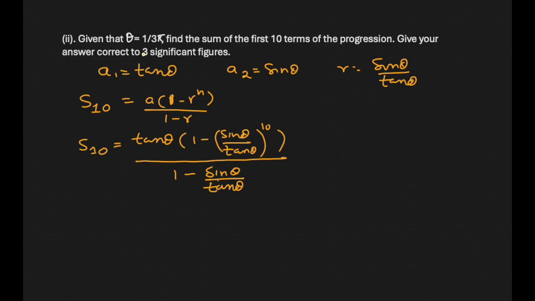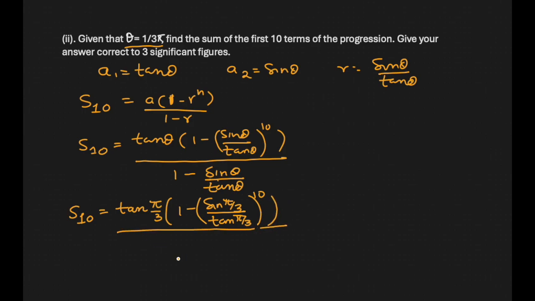Now they have given the value of theta, which is 1/3 pi. That's what we will substitute now. Tan pi by 3, 1 minus sine pi by 3 over tan pi by 3 to the power 10, this to the power 10, not 1. Okay, divide by 1 minus sine pi by 3 over tan pi by 3.